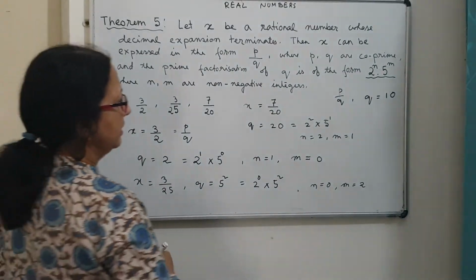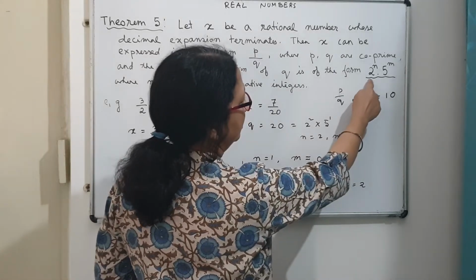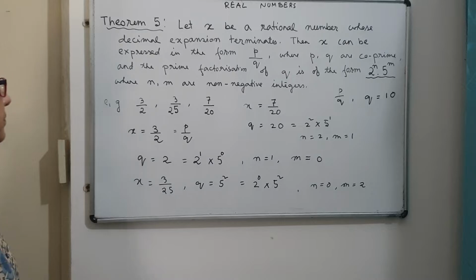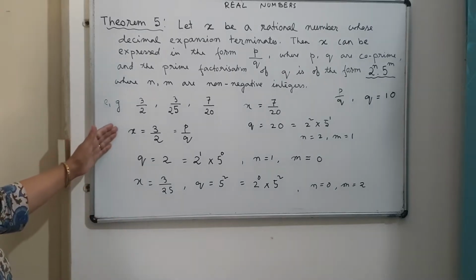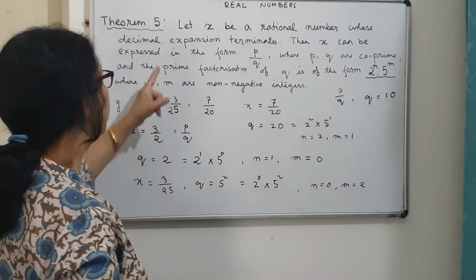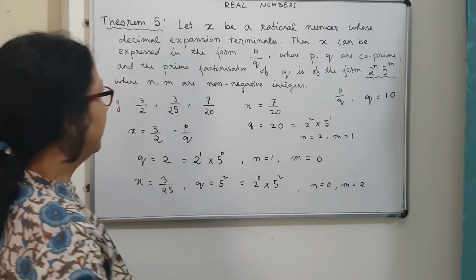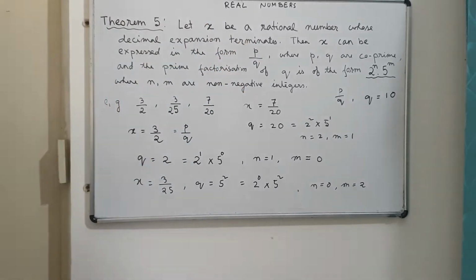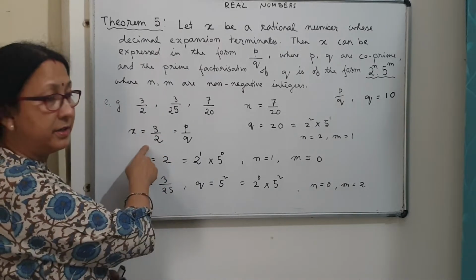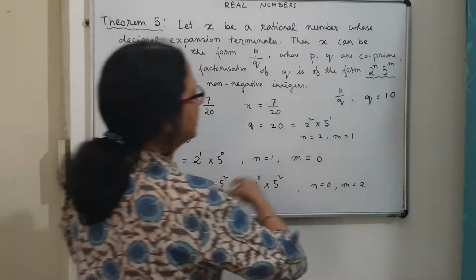So that's why q has to be in this form: 2 to the power n into 5 to the power m. Okay. So now the converse of this theorem is the next theorem. Theorem 6 is the converse. That means here I have told you that if the rational number has a terminating decimal, then q can be expressed in this form.